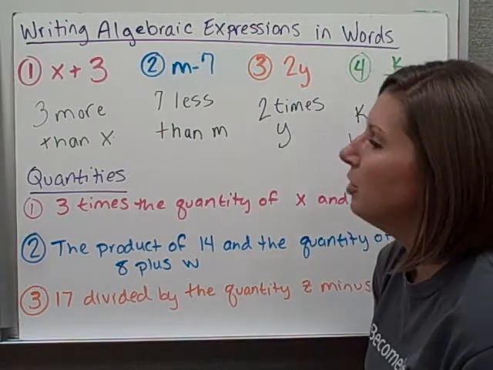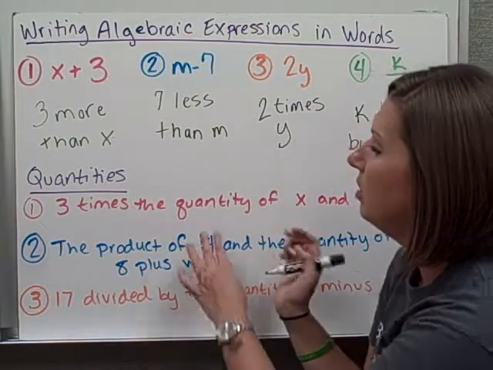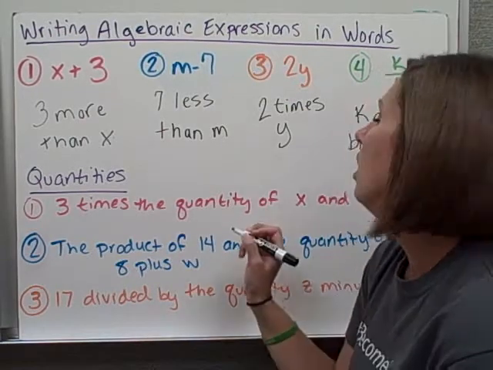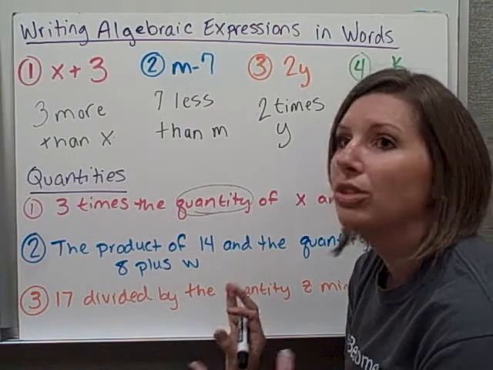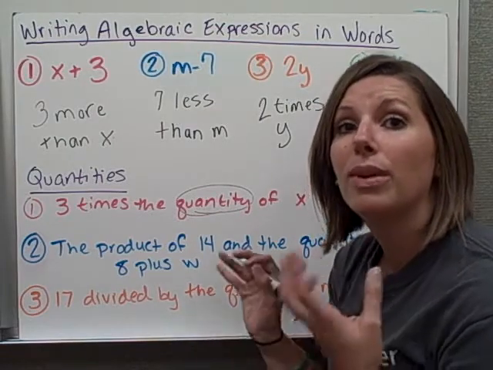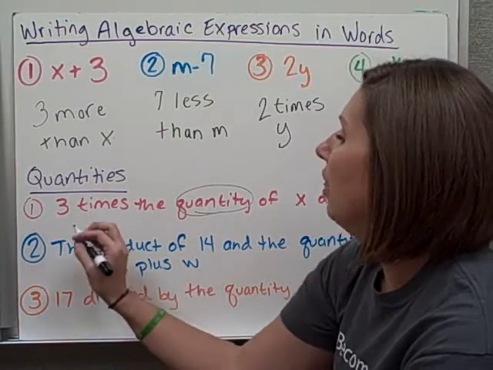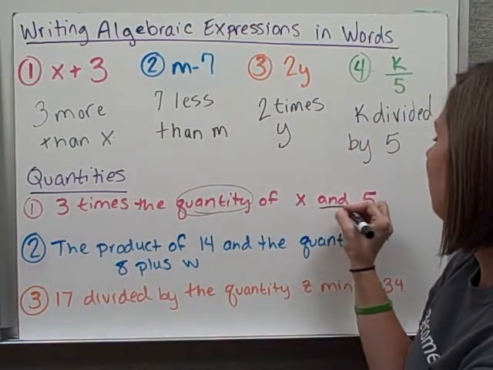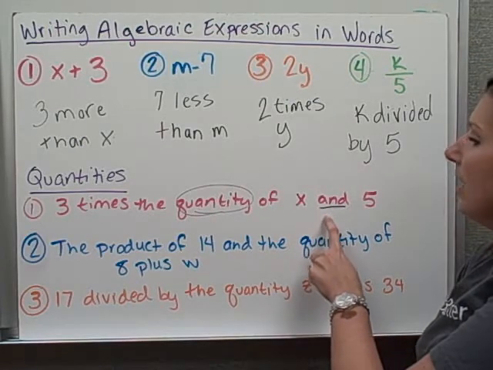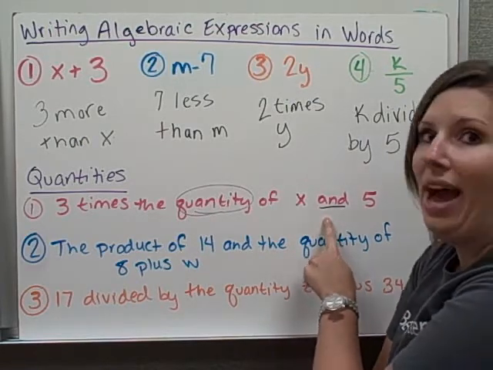Now we have this special case. It's the word quantity. The word quantity is there to help signal to you that maybe we should include some parentheses. So we've got 3 times the quantity of x and 5. And, remember from the beginning, means to add.